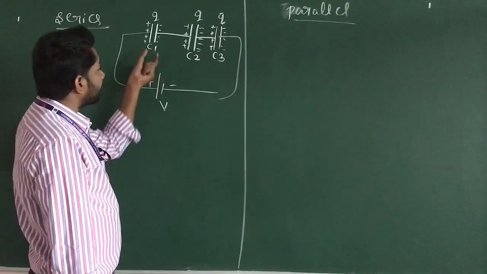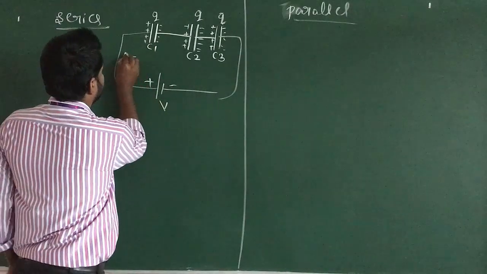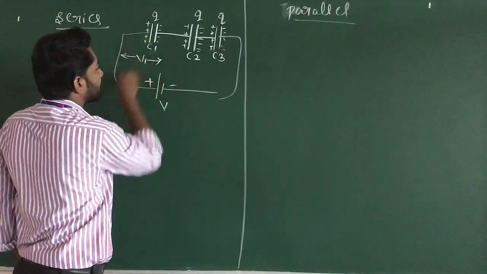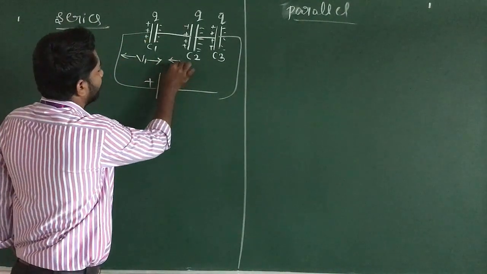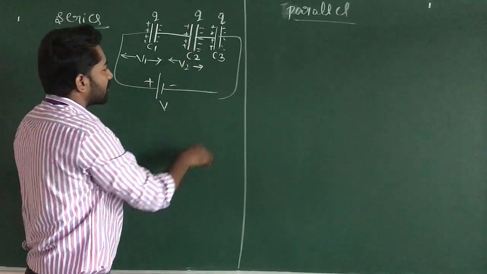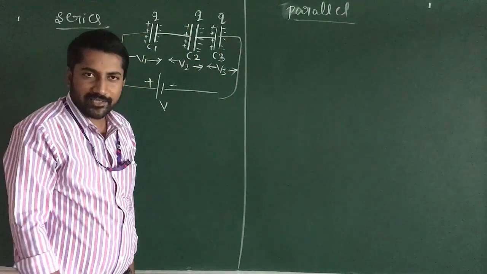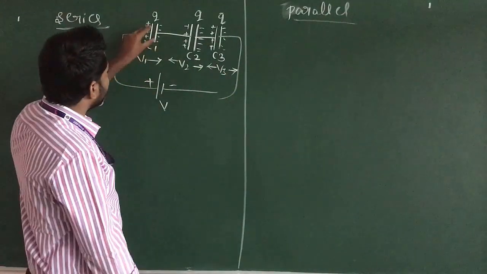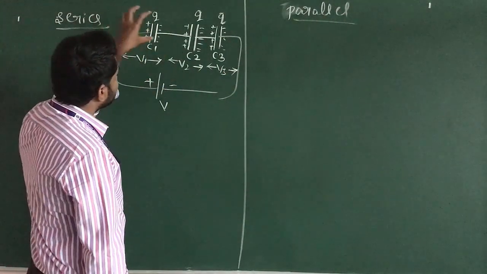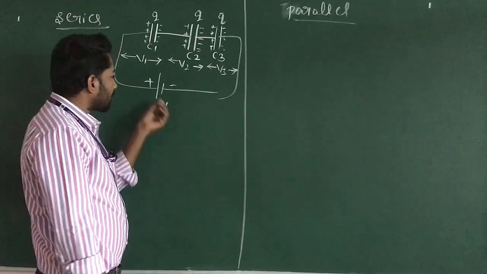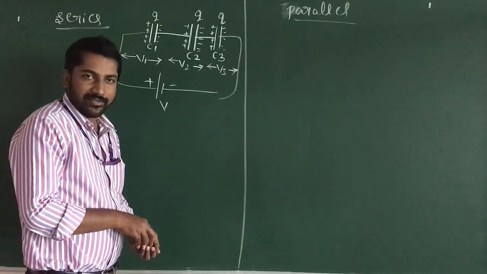The potential difference is different. Here V1 is the potential difference across C1, V2 is the potential difference across C2 and V3 is the potential difference across C3. In case of series combination, the charge on each capacitor is same but the potential difference is different.